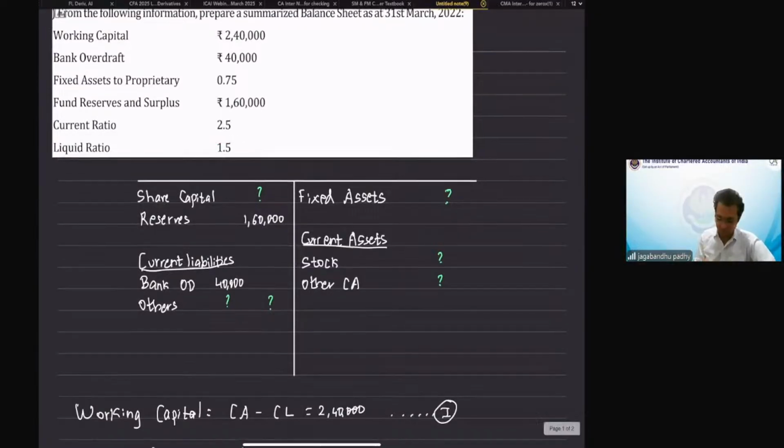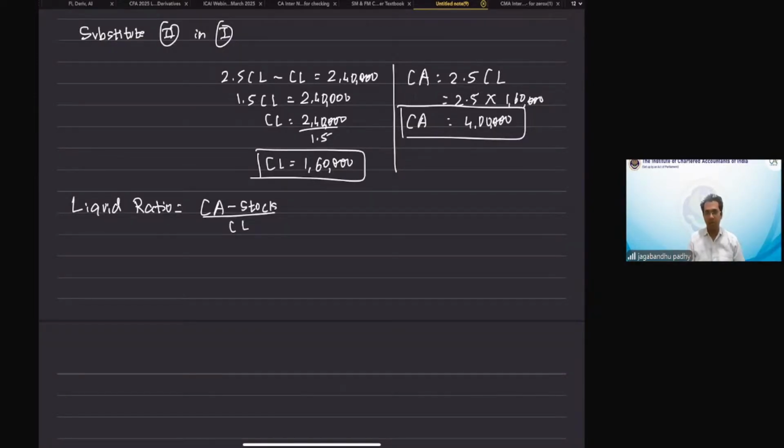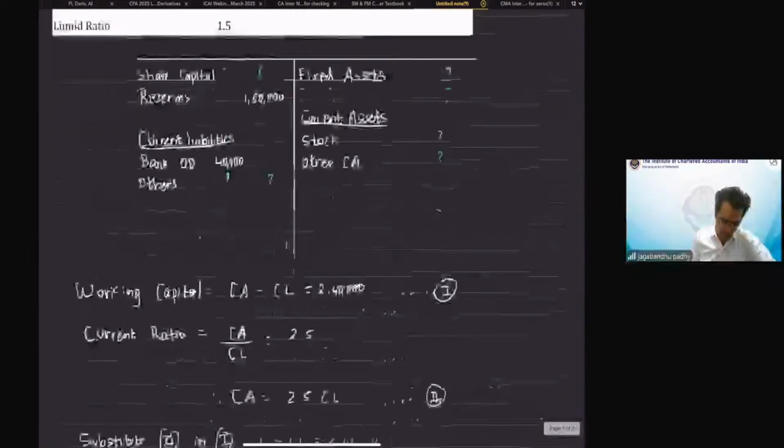Let's use this liquid ratio, guys. Now we know liquid ratio is calculated as current asset minus stock upon current liability. And this liquid ratio is given as 1.5.